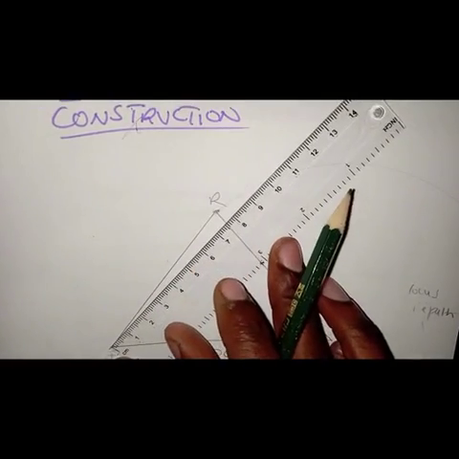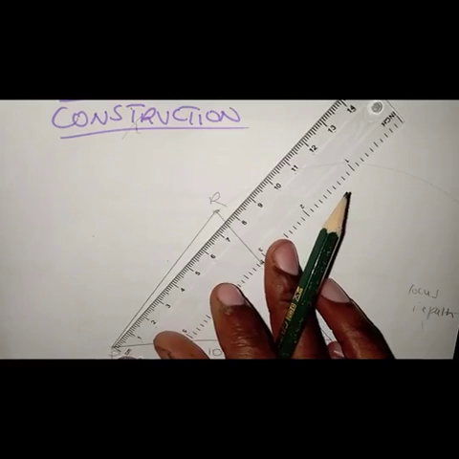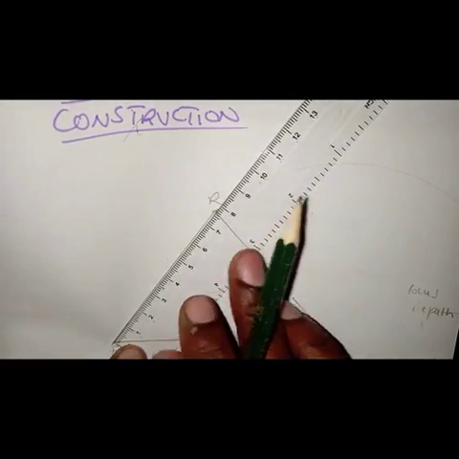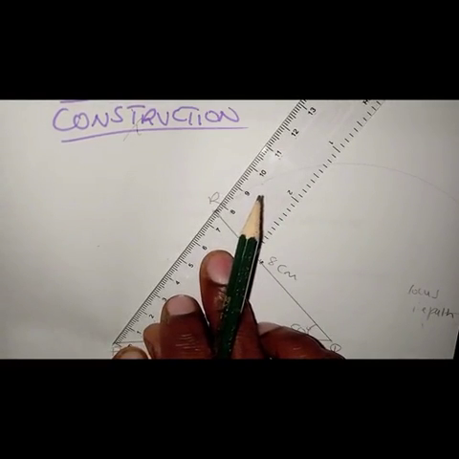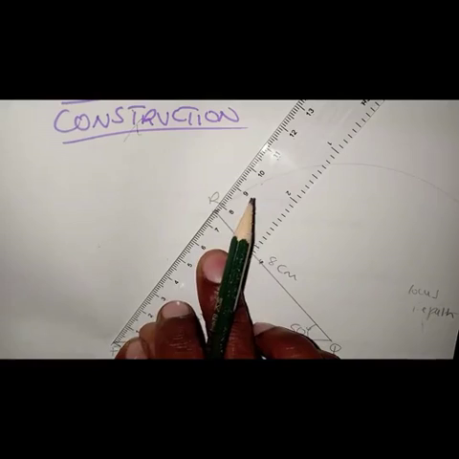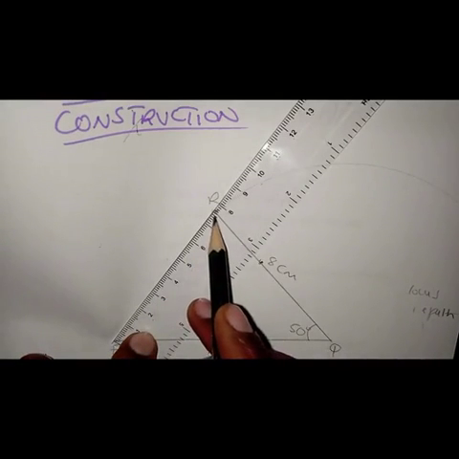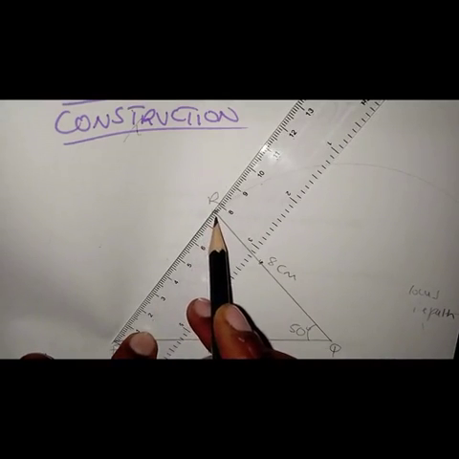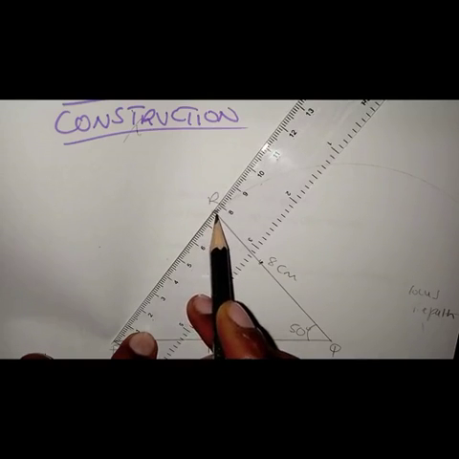If you want your rule, get your rule and measure. This is 7.56. You can count up to 7. There's like a little bit longer line, meaning 7.5, and then 7.6, 7.7.